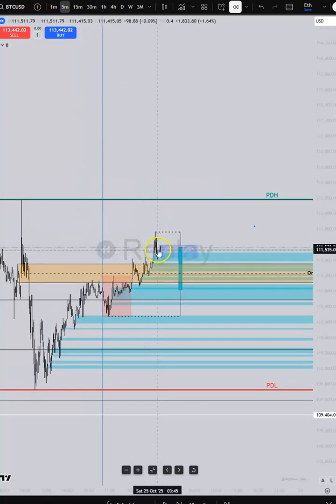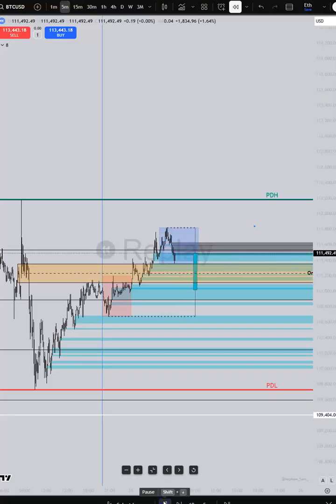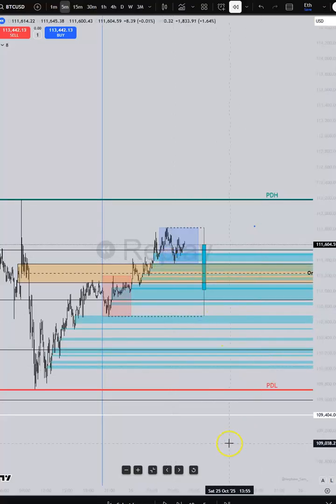And you can see here that we had a breaker and price retested this breaker. And to be honest, I was asleep here in this part. So as you can see, price here makes a retest on the breaker.